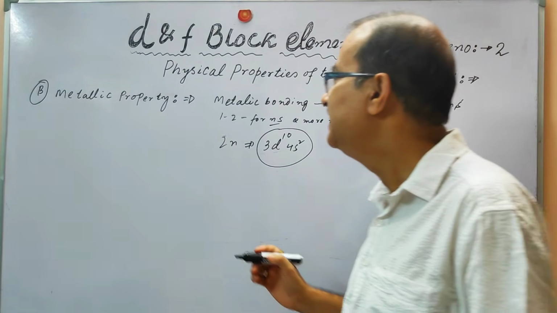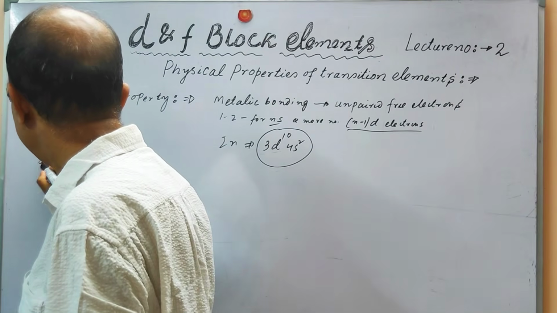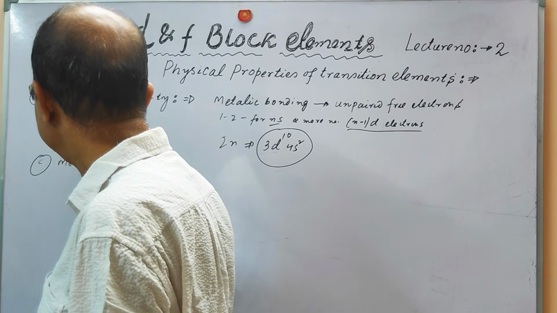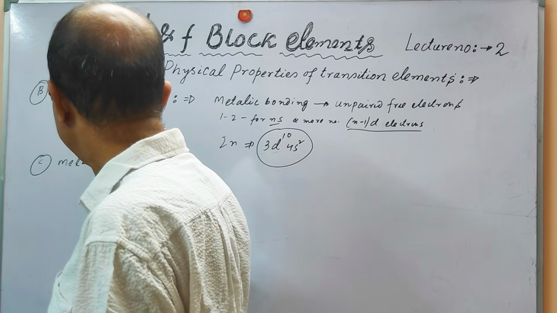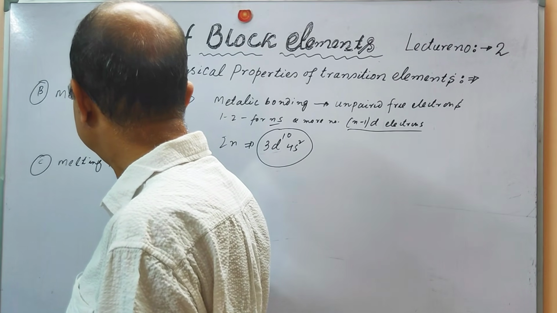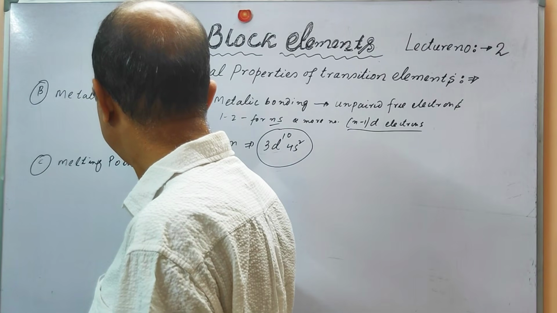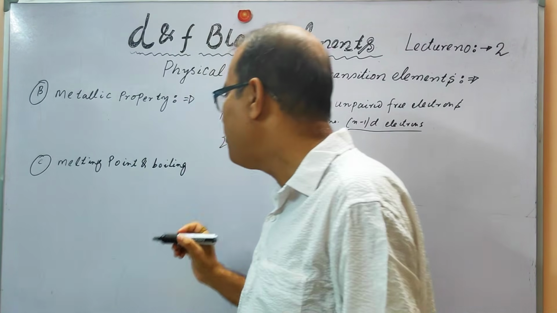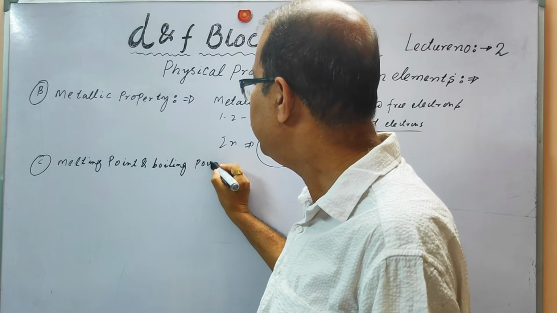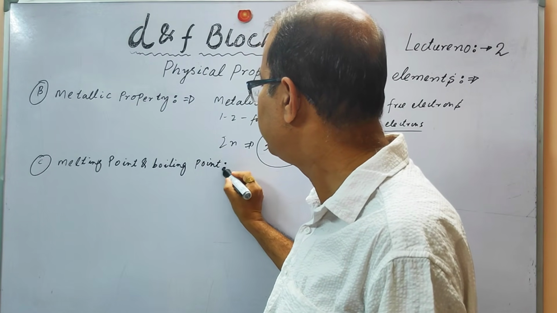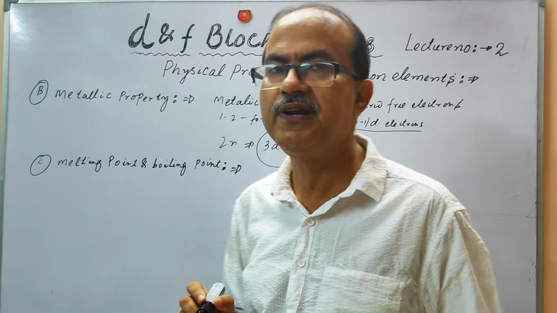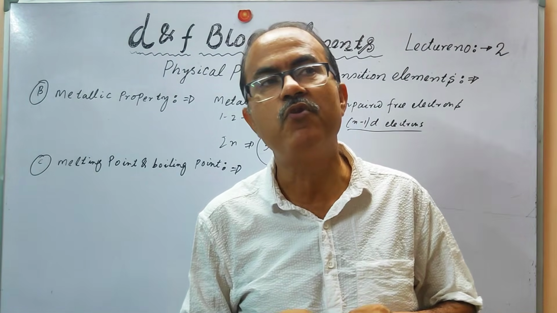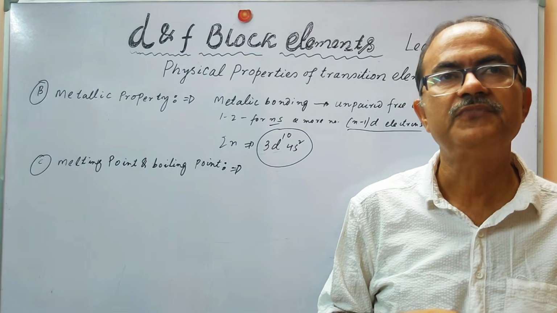Okay. Now the next point that we are going to discuss, again a very important point, is the melting point and boiling point. Again a very important characteristic of the transition metal elements, because they have very high melting points and boiling points.